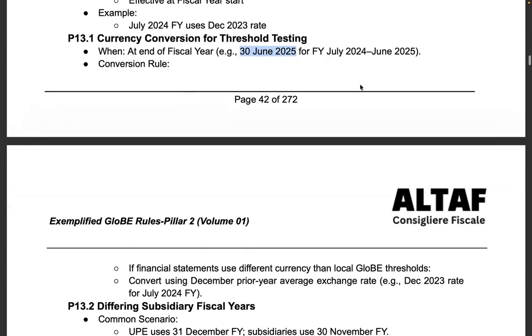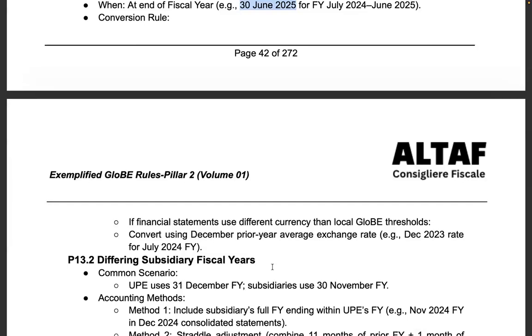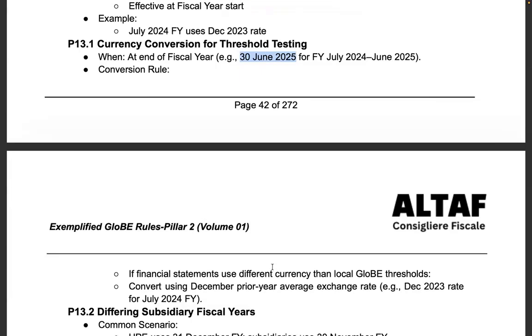We'll use the rate that was applicable in December of the last year. Why do we do that? Because if we want to apply a tentative rate for transactions that are happening now, we can consider the last year rate.